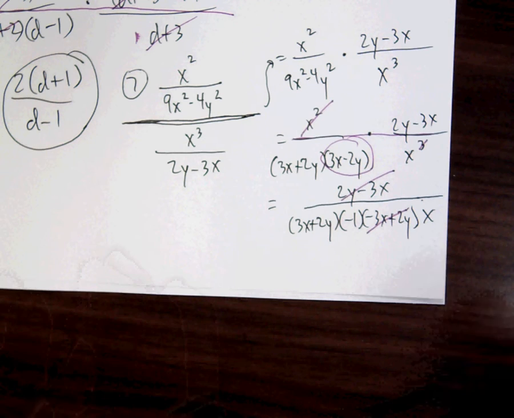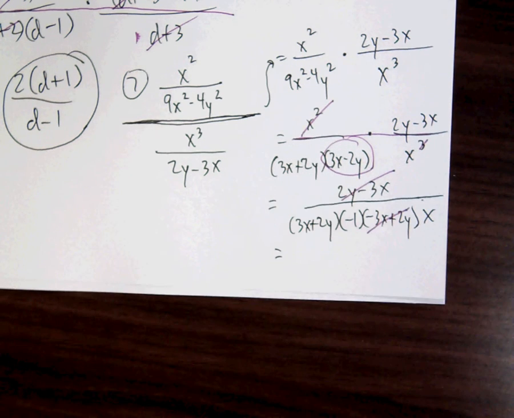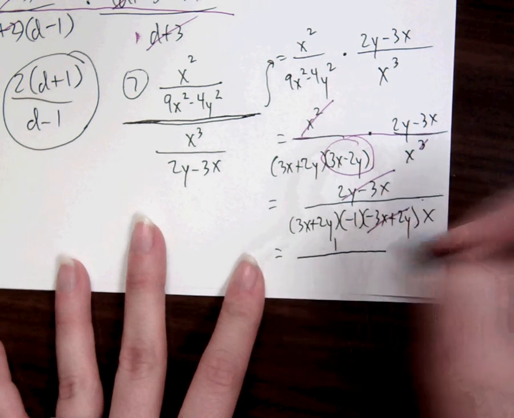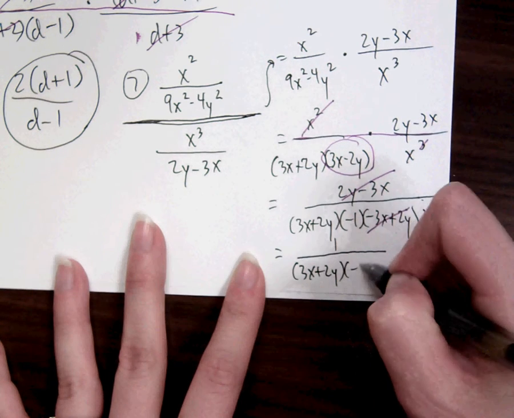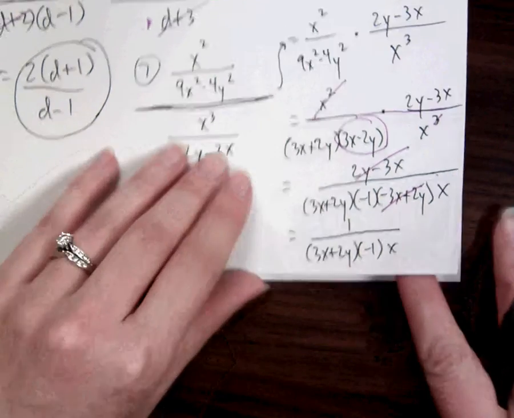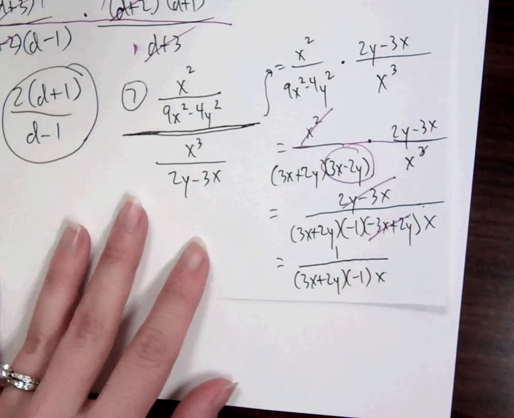Okay, and then in the end of all that, what's the answer going to look like here? Well, in the numerator now I just have 1. In the denominator I have 3x plus 2y times negative 1 times x. I did run out of space here in the end, so let's scoot a little bit of paper down here.